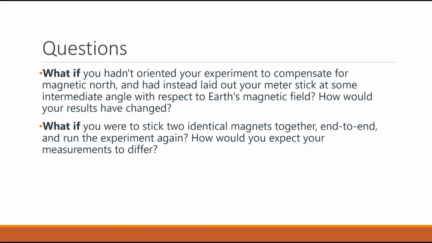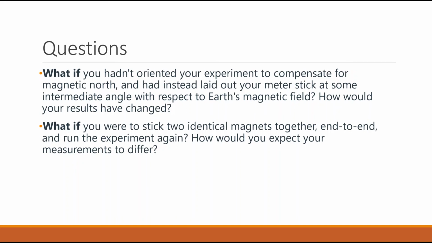If I wouldn't have compensated for magnetic north, our measurements would be very inaccurate because my values are going to be very skewed, and I won't be able to have an accurate depiction of where it is on the x value, where it is on the y value. So it's just going to be a bunch of false information.